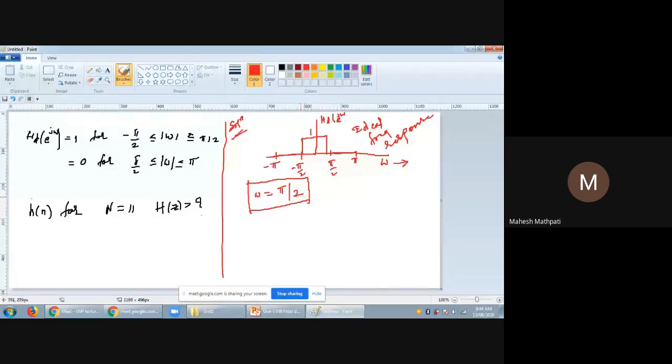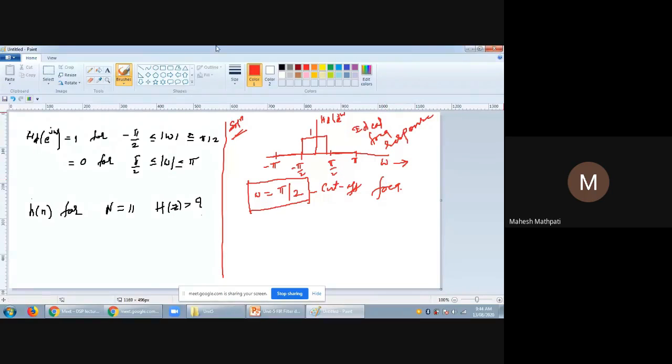Since omega is a magnitude value, even if you take minus pi by 2 or plus pi by 2, we simply write it as pi by 2. This is what we call the omega value, or simply the cutoff frequency. Understood? Any confusion here? So this is noting the value.